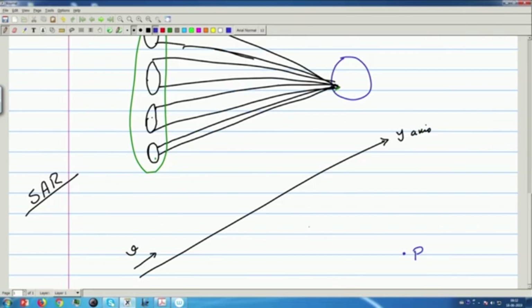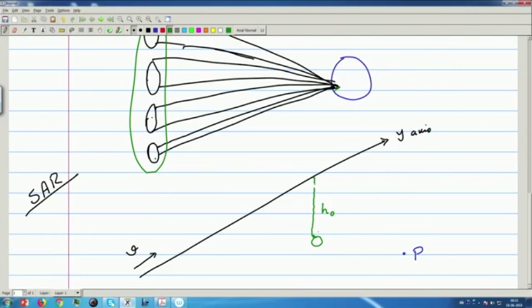So, what I can do, I can drop a perpendicular on the ground, that this is at a height h naught. So, always the radar is moving at a height h, this is the ground, and let us say that this is our origin of the thing, this point is at the ground.